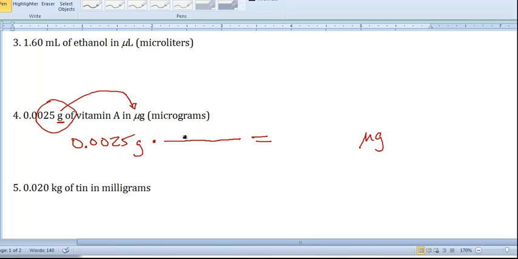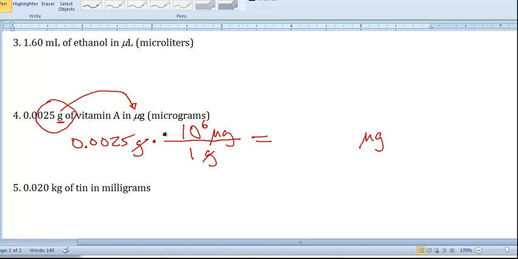So which one do you think goes on top, gram or microgram? Well, one way to remember this is the units that you want to end up with need to be on top. So I would recommend we put 10 to the 6th micrograms on the top and 1 gram on the bottom. And the other reason that this should make sense to you is that you want to cancel out the grams, right? So that you're ending up with micrograms. So there you go.